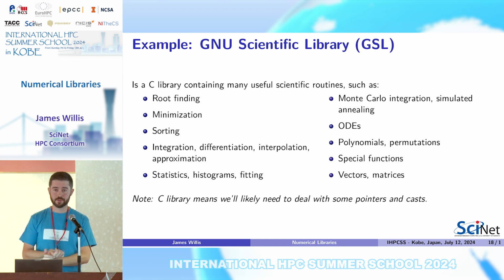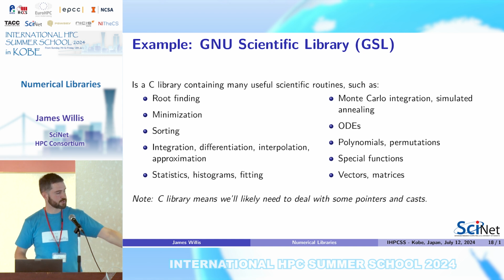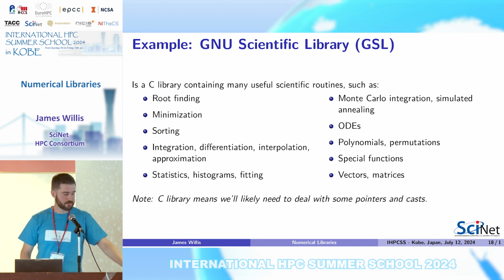You can also use it for Monte Carlo integration, ordinary differential equations, polynomials, and of course matrix and vector operations. So as we're dealing with a C library, we'll probably have to look at dealing with pointers and casting when we come to our example.